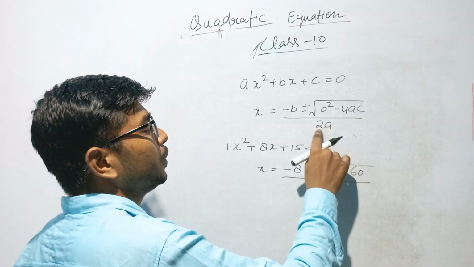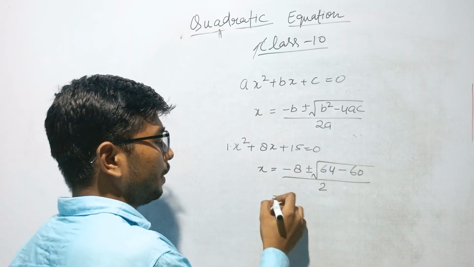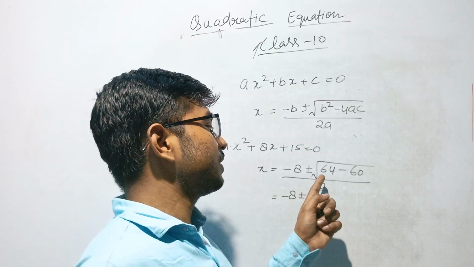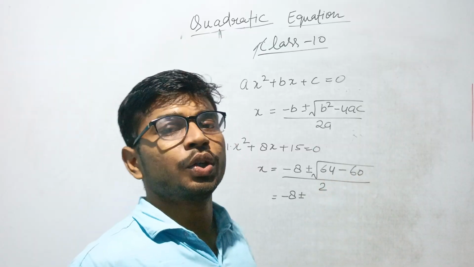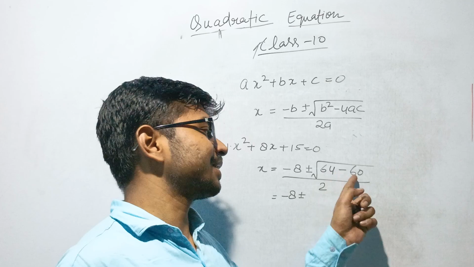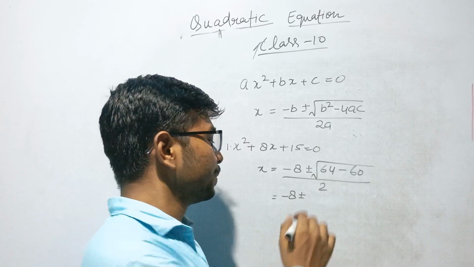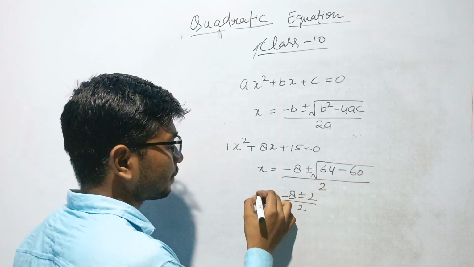And 2a, 2 into a is 1, so you will get 2 only. Minus 8 plus minus, see carefully, inside the under root 64 minus 60 you will get 4 only, and square root of 4 is 2, so we can write 2 upon 2.